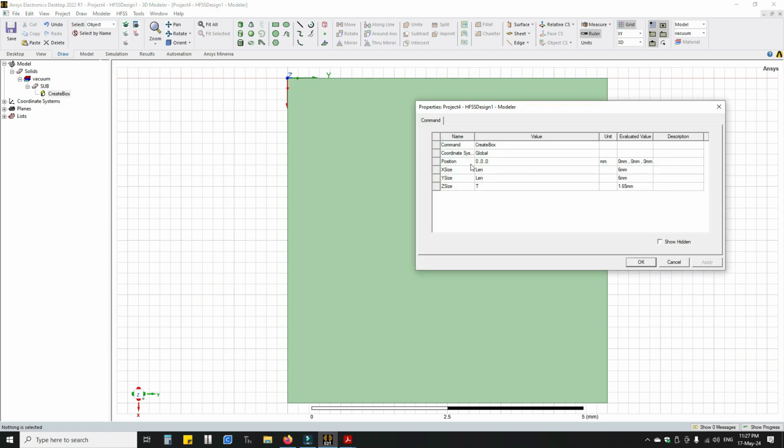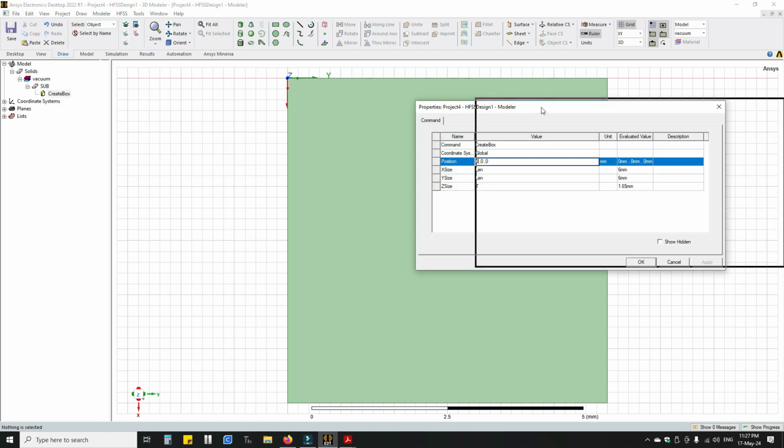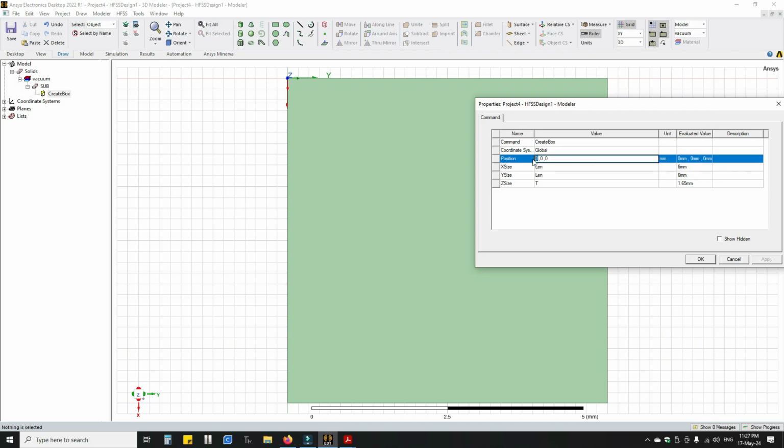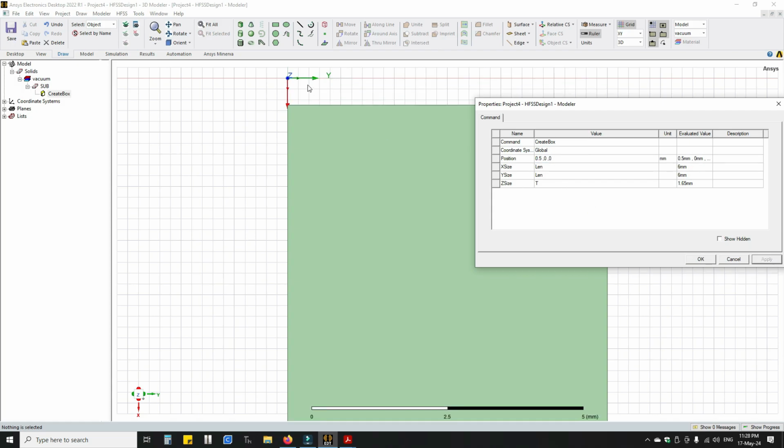If I change the position from x, it is 0. If I change from 0 to 0.5, the entire structure goes down. See what's happening if I change from 0 to 1.5. See the difference. This is the initial position where the entire structure is going to be placed.